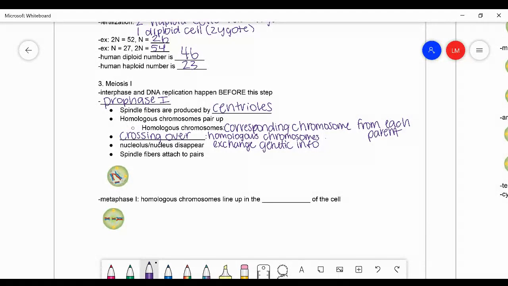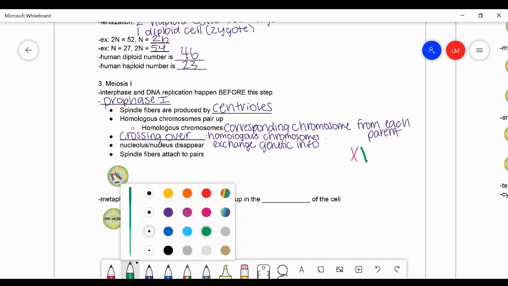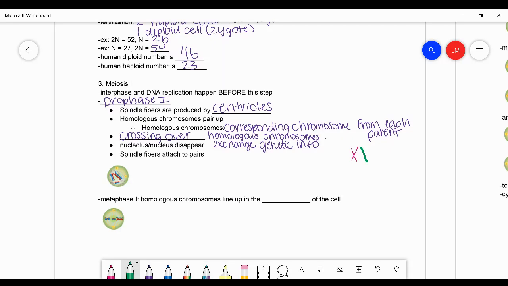So let's draw what that might look like. So here is a replicated homologous chromosome. This pink one is, we'll say, maternal, and the green one is paternal.